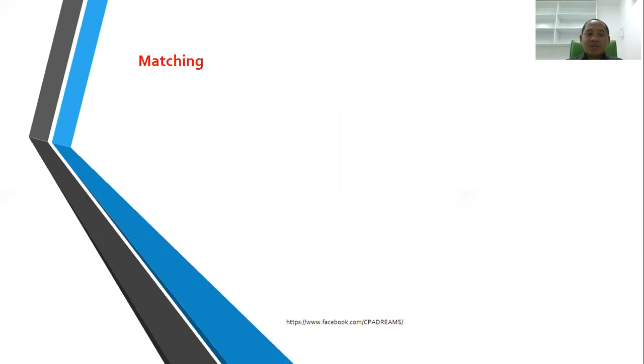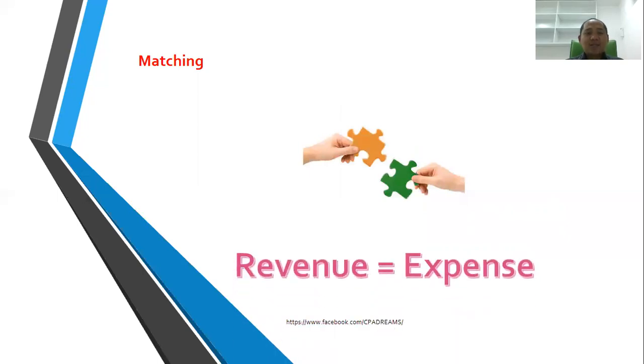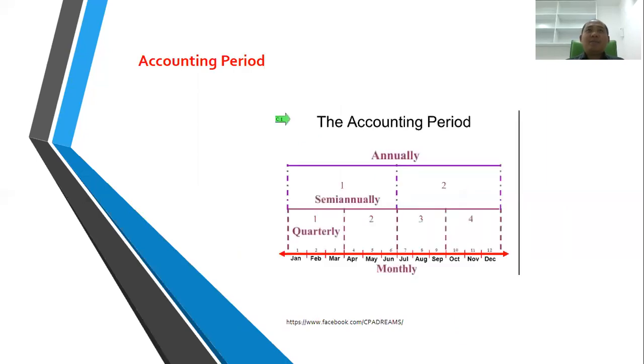Matching. So, the matching principle. This principle requires that the revenue recorded in a given accounting period should have an equivalent expense recorded for you to show the real or true profit of the business. Again, revenue equals expense. There is no revenue if there is no expense. Now, accounting period.